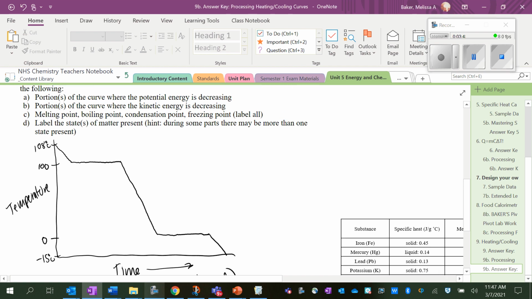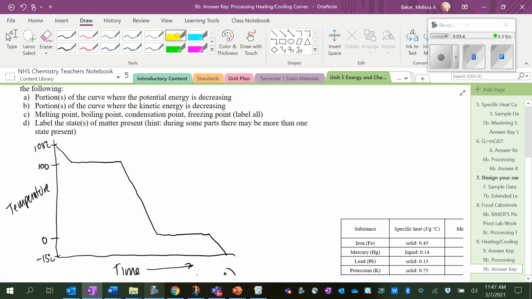So potential energy is decreasing at the plateaus here and here. And portions where the kinetic energy is decreasing are here, here, and here.